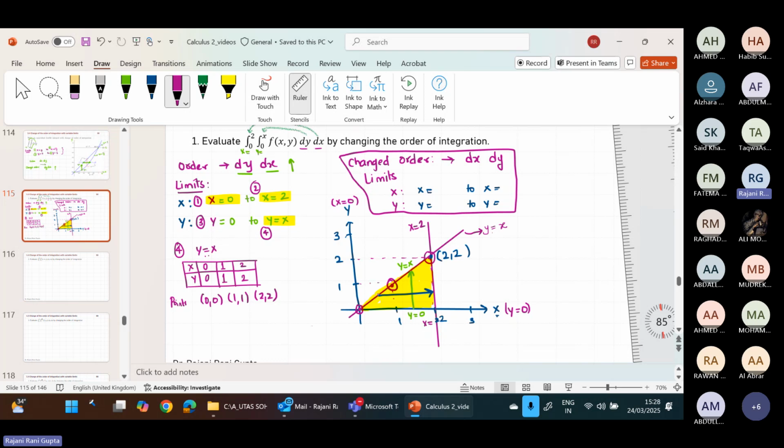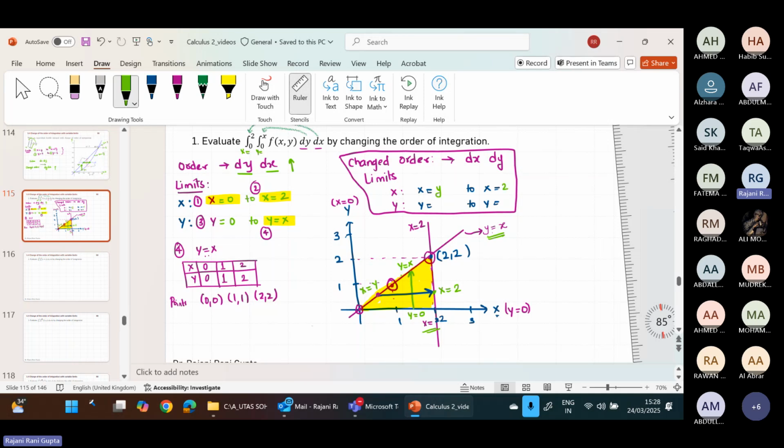So here, what is the value of x on this line? The equation of this line is y equal to x. So can I say that x is equal to y on this line? And on this line, the value of x is 2. So the limits for x are x equal to y to x equal to 2.